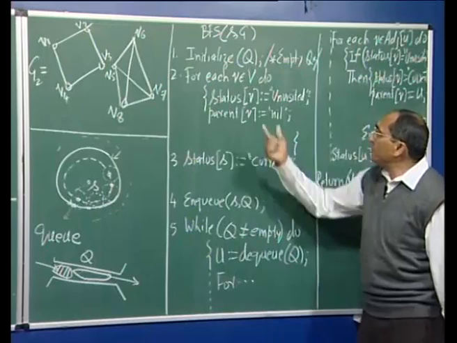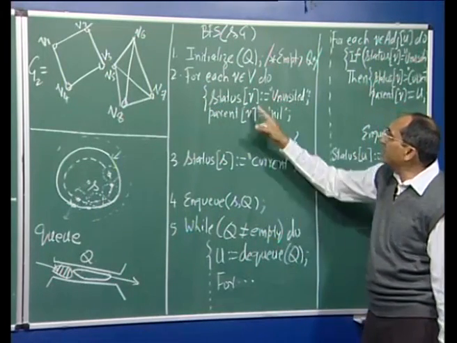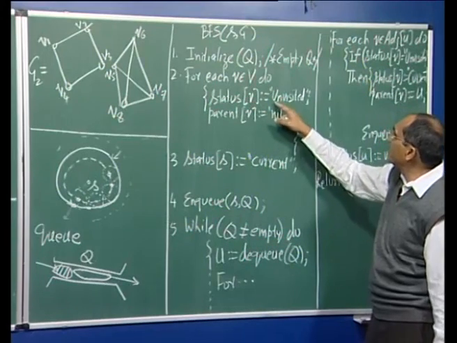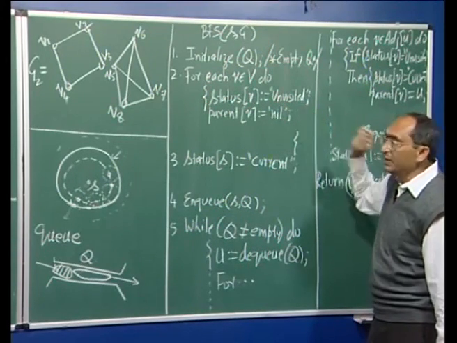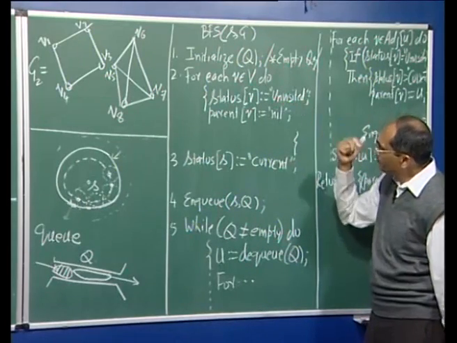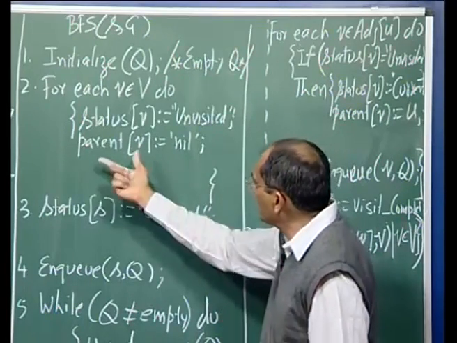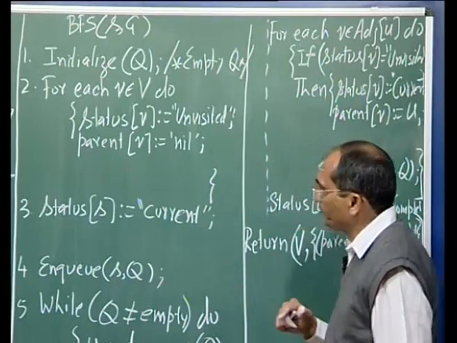For that purpose, we are going to use a status. Initially, all the vertices will be set to status unvisited, indicating that we have not visited them yet. There is one more piece of information we are going to store, which we will show later on. Initially, it is all nil.